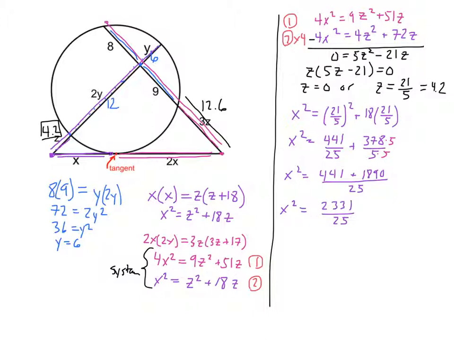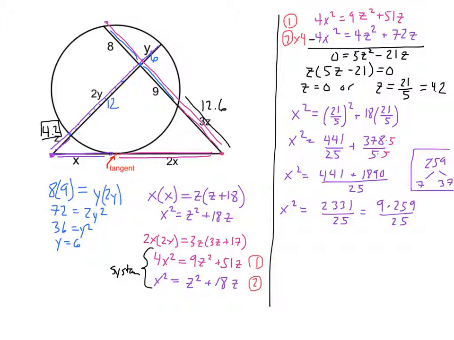Now, I don't know how much of a shortcut this is, but we want simplest radical form. This number here, 2,331, that's actually divisible by 9, because 2 plus 3 plus 3 plus 1 is 9. So we can build a factor tree. I got that 9 there. And then that 259, is that prime or not? Okay, so 259 is not prime.